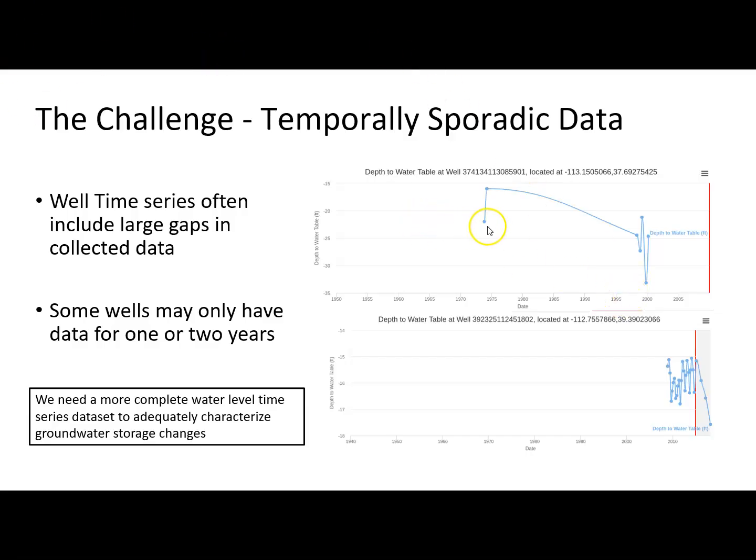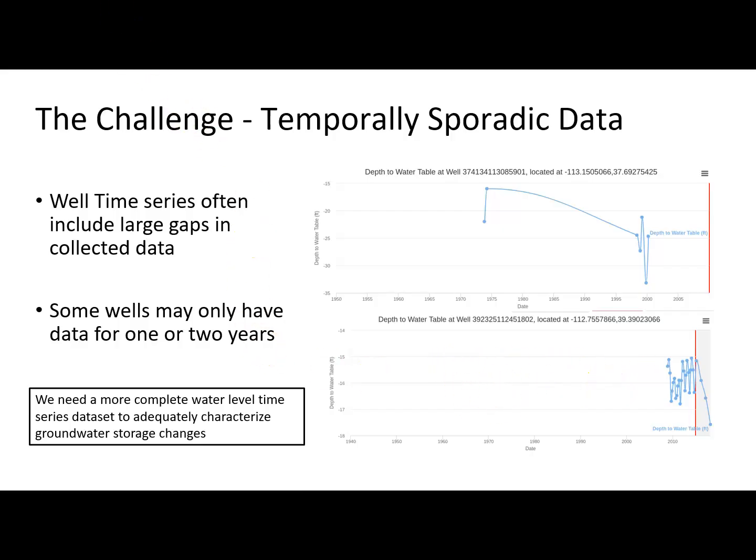So for this well, there were a couple of measurements back in, say, 1974, and then from 1974 through almost, let's see, 1998 probably, there aren't any measurements, and then there are a series of measurements. And down here, you have a lot of data over a short period, but nothing back here.